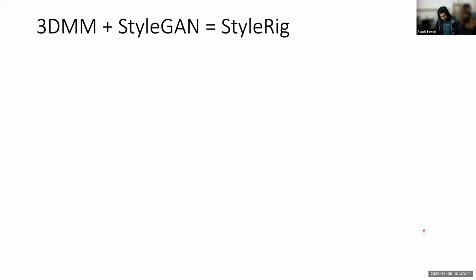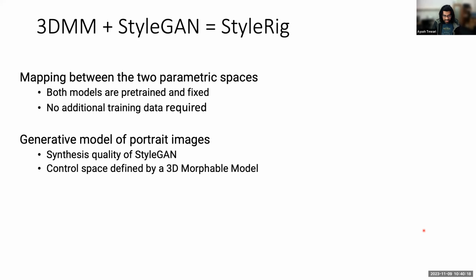And one thing that I looked at earlier was to combine the properties of 3D morphable models and StyleGAN. So we know that StyleGAN has this amazing quality. 3D morphable models have this really nice control space. Can we build a mapping between the latent spaces of these models? So the idea is that we keep both of the models, the weights, pre-trained and fixed.